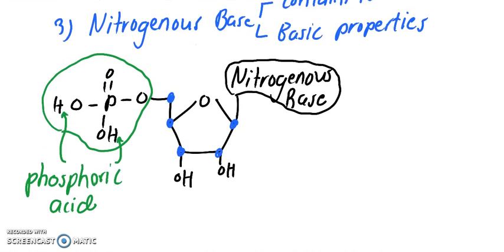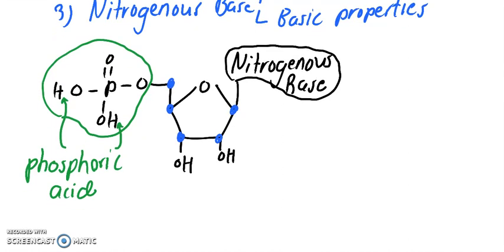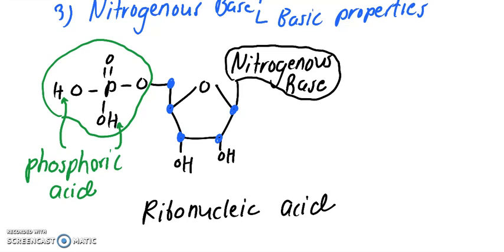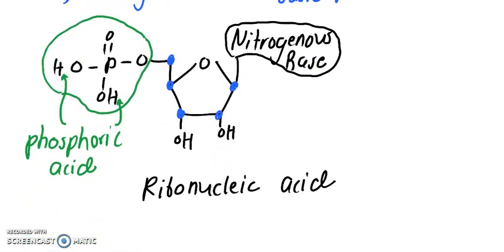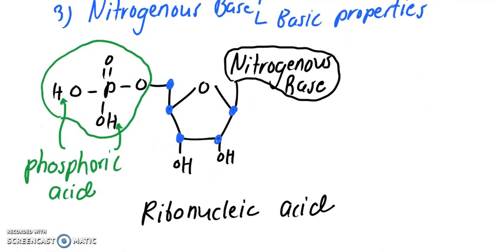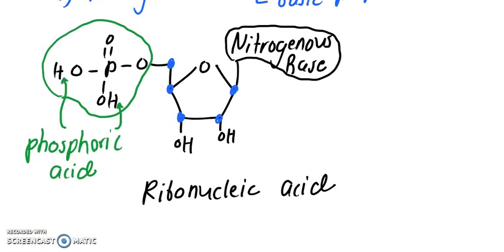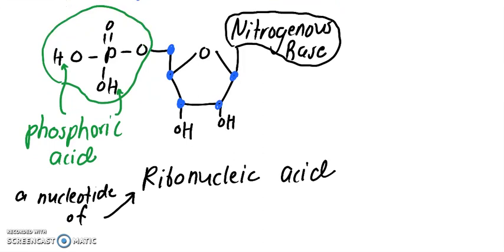Okay, so here would be the ribo from ribose, and nucleic. Here is a ribonucleic acid, or the nucleotide of ribonucleic acid. So now let's focus on this hydroxyl group right here.